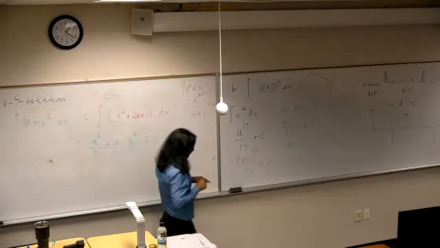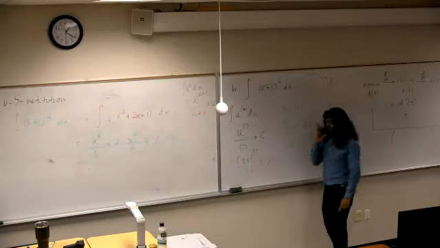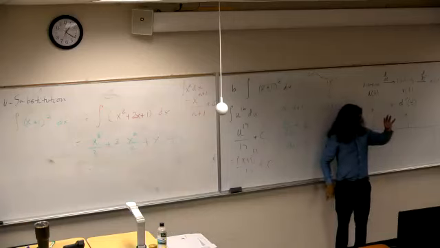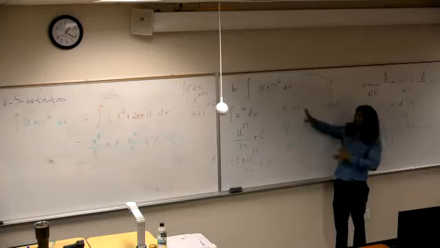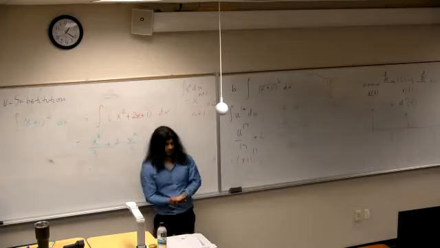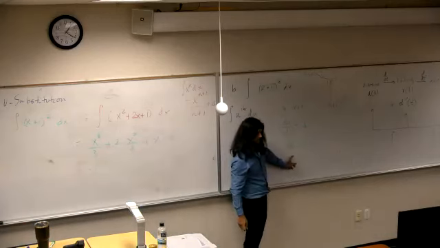So u substitution is great and all, but it'll only work if it follows a sort of template. Once you pick the right u, whatever that's left behind after that substitution in the integral must equal to du.